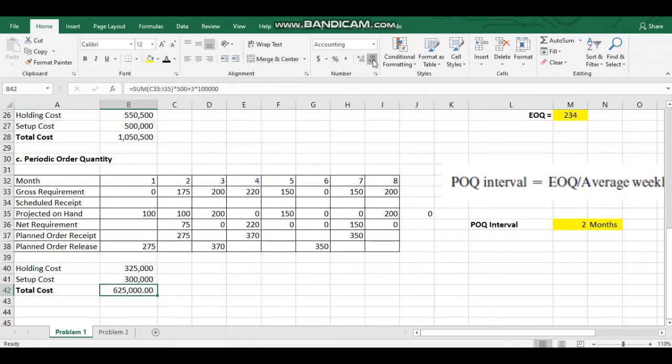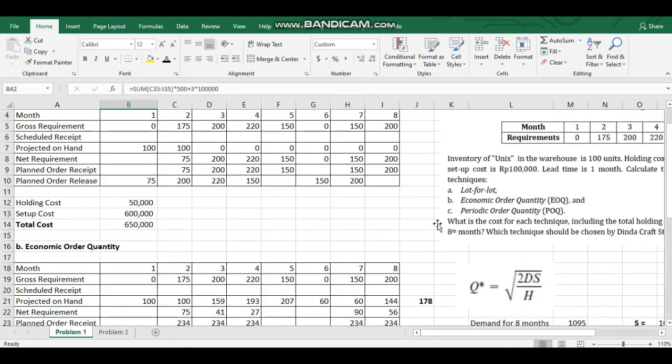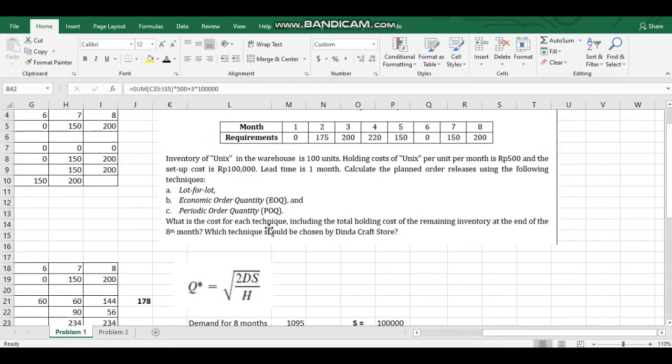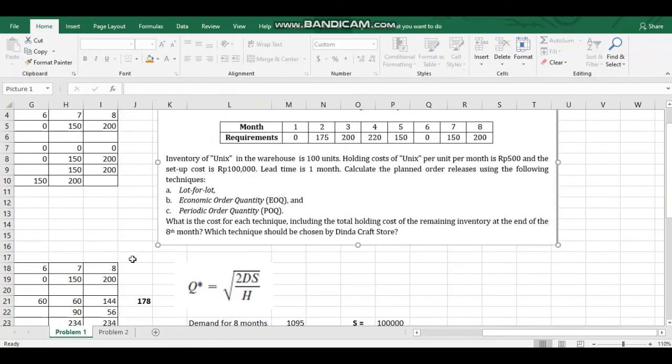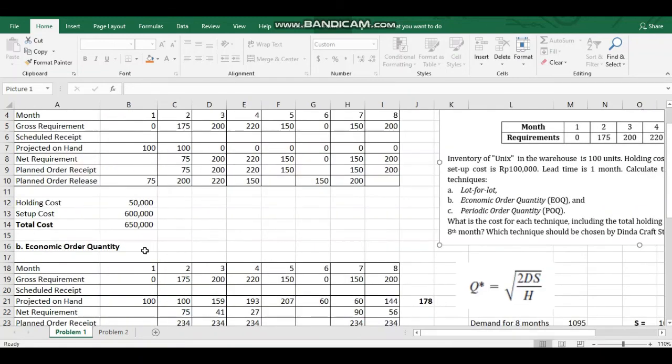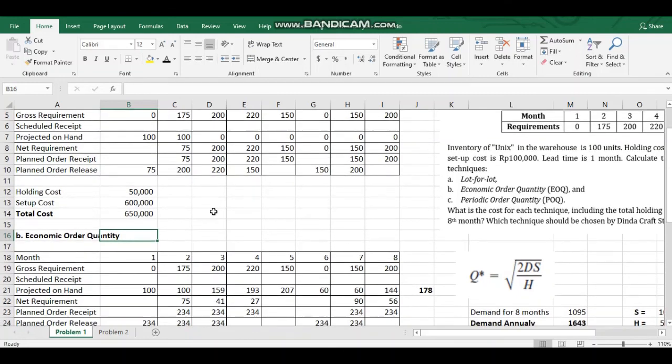What's the cost for each technique? We have already calculated each total cost, including the holding cost. Which technique should be chosen by Dinda Craft Store? If we calculate the total cost, we should choose the lowest one, right?